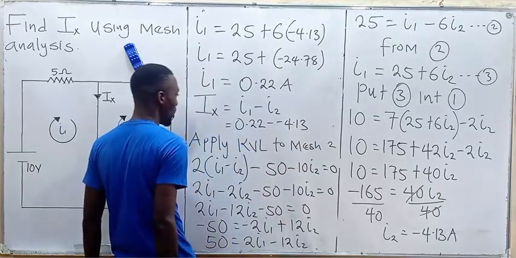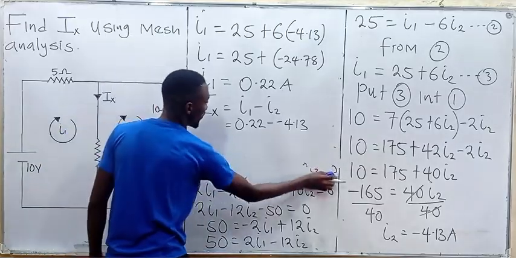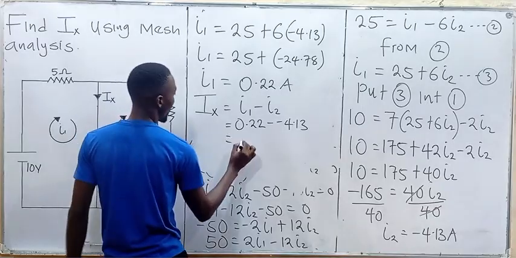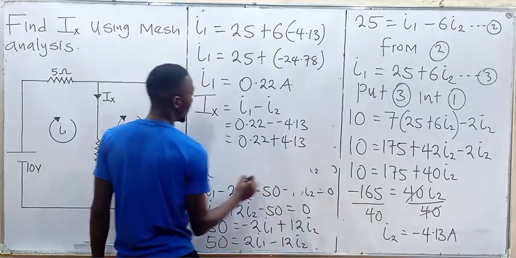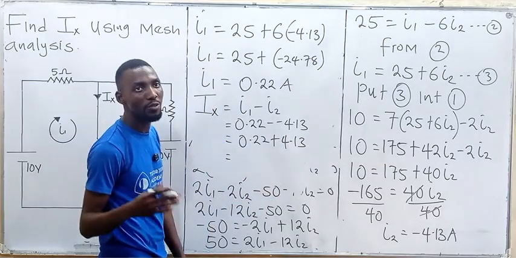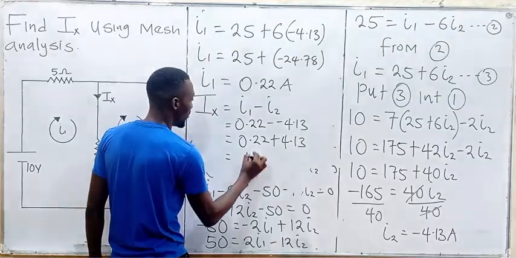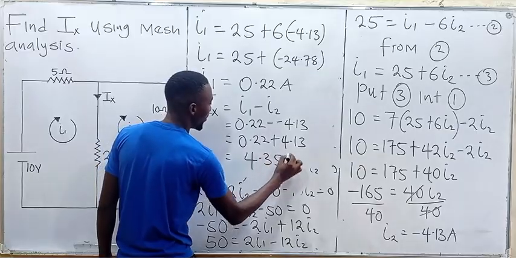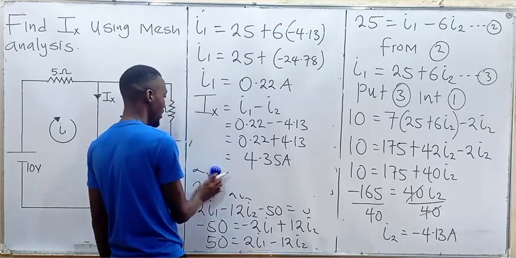Minus minus is plus. So if you do that, you are going to have 0.22 plus 4.13, you are going to have 4.35 ampere.